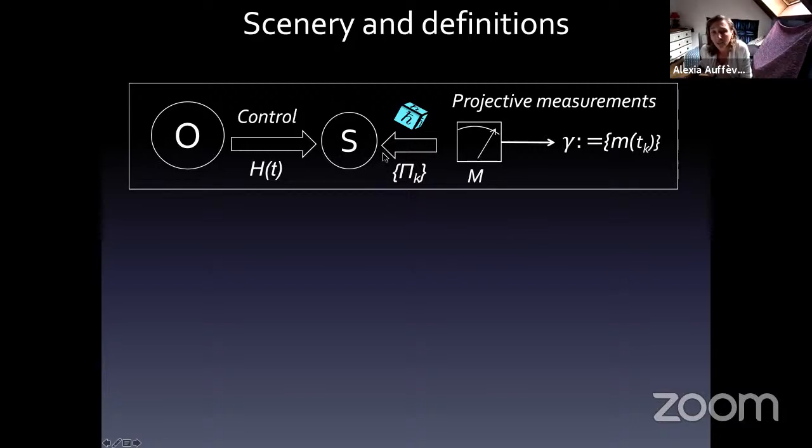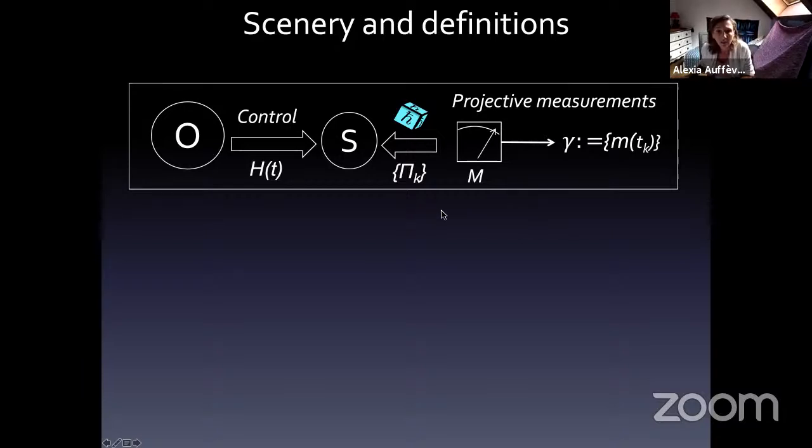You have a quantum system that is, on the one hand, driven by some entity with a time-dependent Hamiltonian. And on the other hand, you measure your system projectively at discrete times. So you apply the measurement postulate. So this is Schrödinger, and this is the measurement postulate, to say it in a brute way.